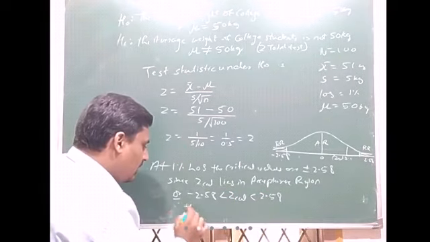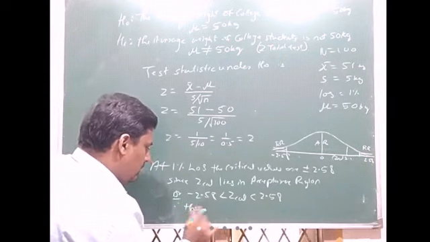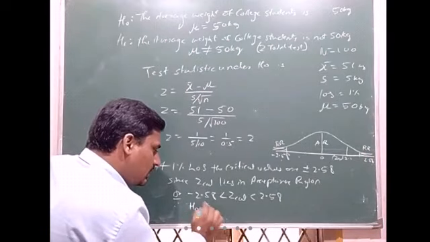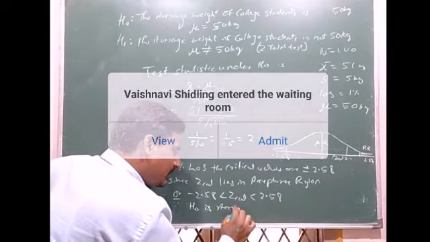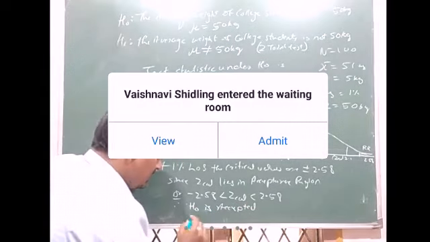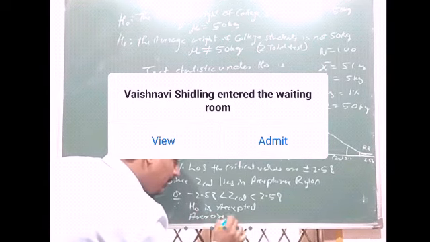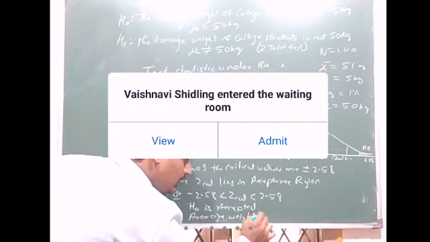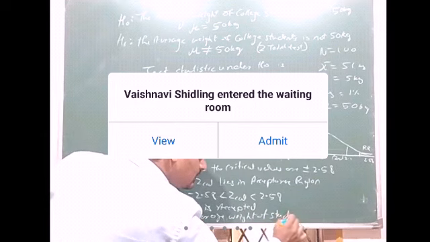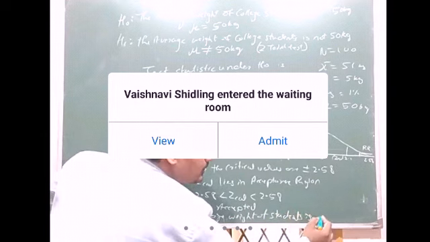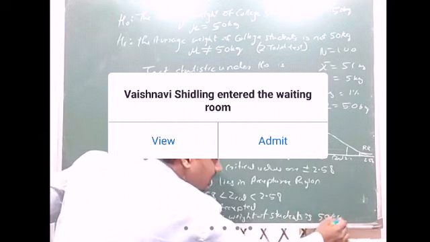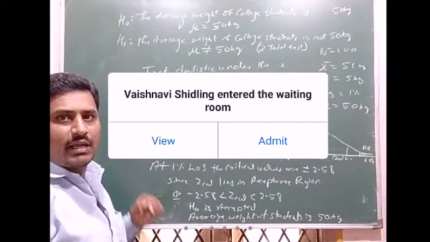Therefore H naught is accepted. That means average weight of students is 50 kg. So what they have assumed is right.